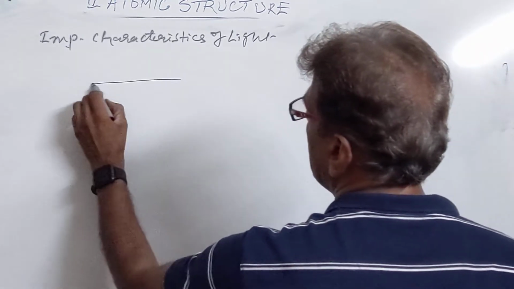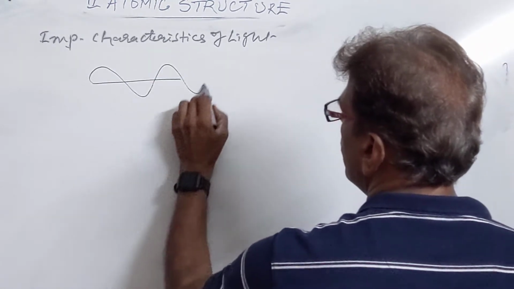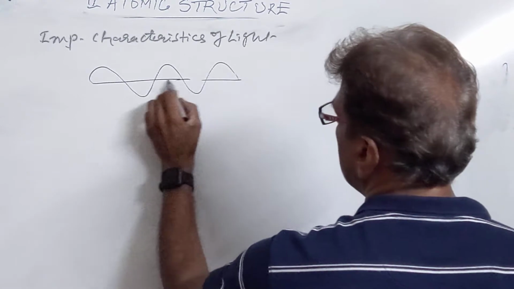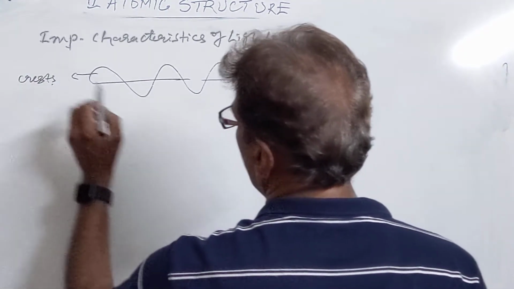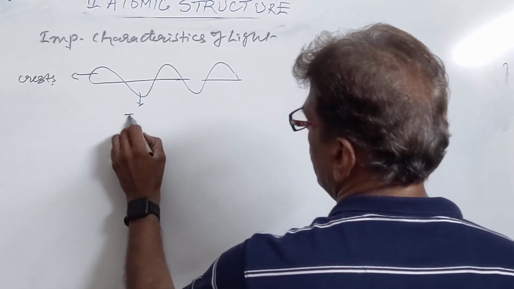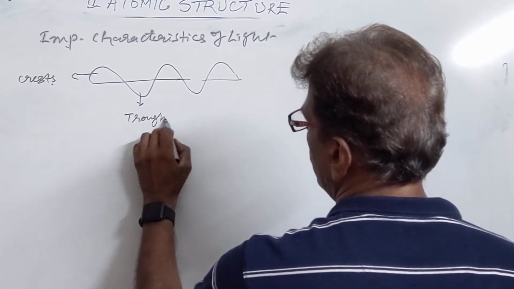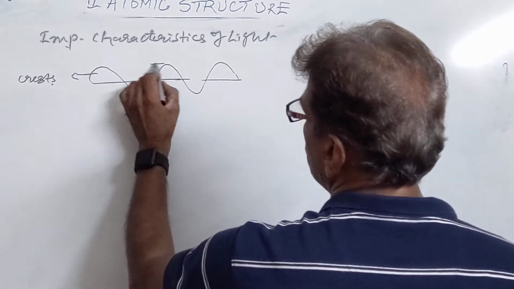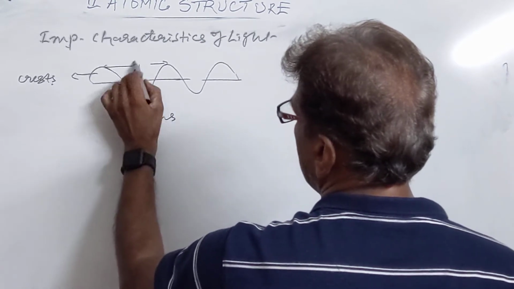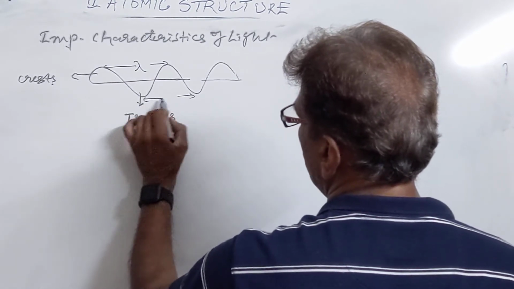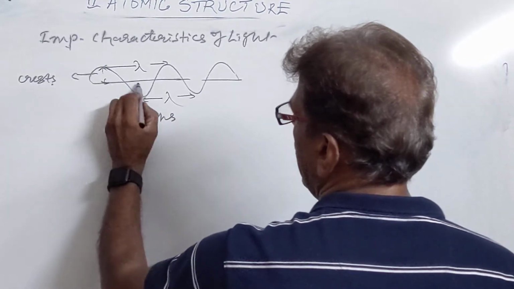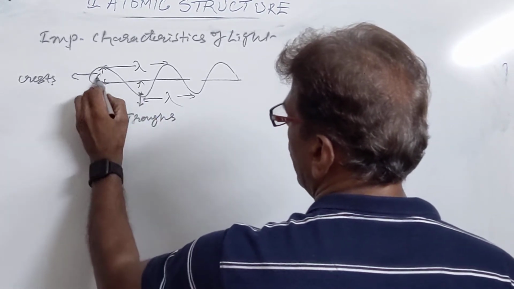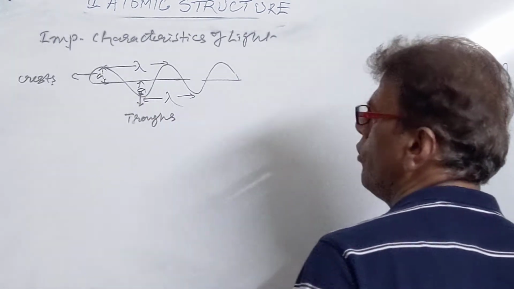As we know, light travels in the form of a wave like this. These heights are called the crests of the wave, and these depths are called the troughs of the wave. The distance between two adjacent crests is the wavelength. Two adjacent troughs also give the wavelength. The height of the crest or depth of the trough is called the amplitude of the wave.